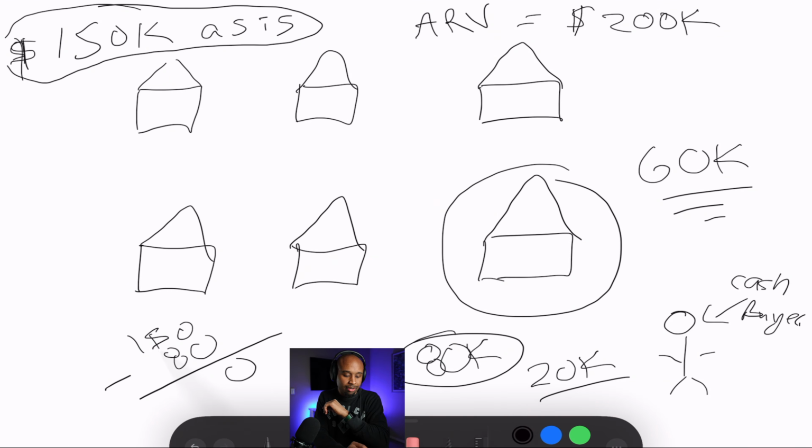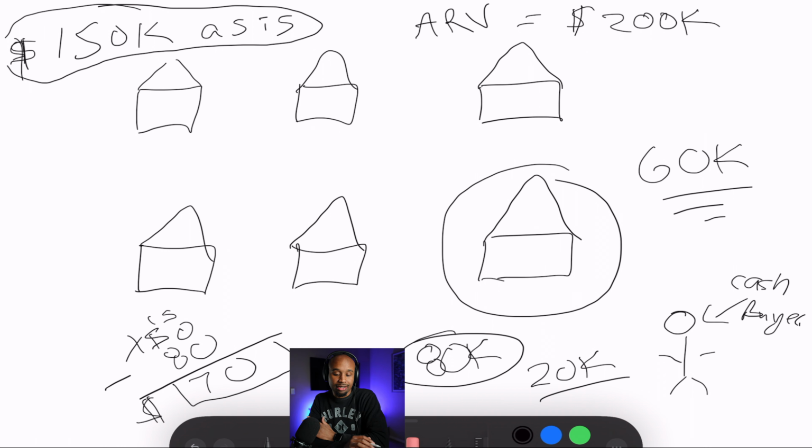Wow. So 70K. So he has 70K of equity in the house as soon as they fix it up and everything. He has 70K in equity.